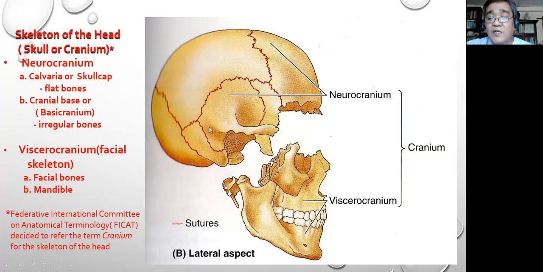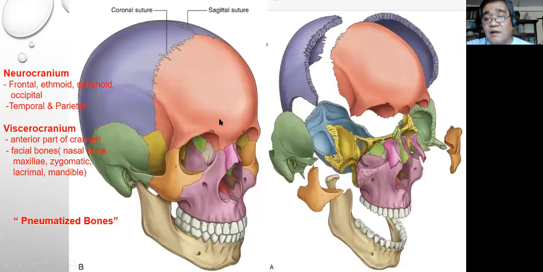So it is in this area where your brain is situated, and it is made up of two parts. The first is your calvaria or skull cap, which forms a dome-shaped structure of the neurocranium. And the second part is the cranial base, or the base or the floor of the cranium.